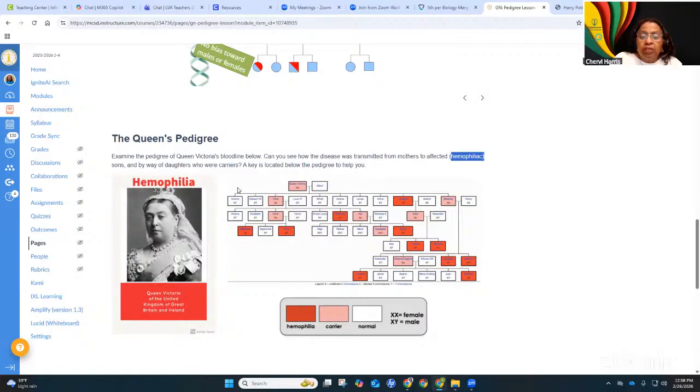So you had several generations. Look, these are males. All the red ones are males. Some of the females were carriers, they're the pink ones, but the males passed on hemophilia. This is now 1, 2, 3, 4, 5 generations later.